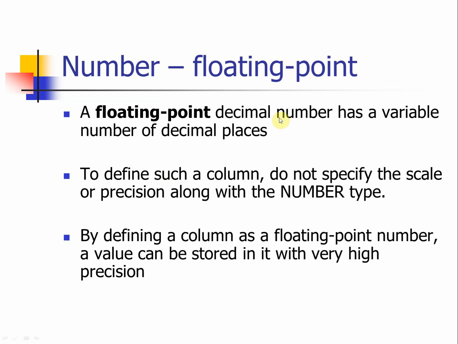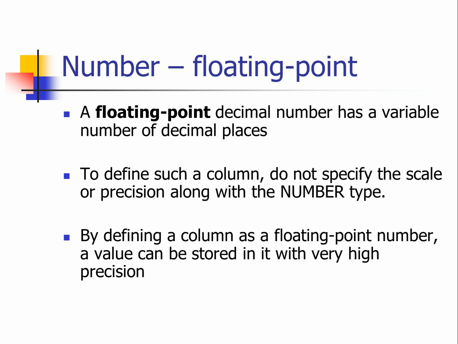A floating point decimal number has a variable number of decimal places. To define such a column, say we are doing some scientific calculations, they can go pretty large. And we don't really want to specify the precision and scale, but we still want to hold a number. When that is the case, we can simply use NUMBER, the same data type without any parentheses.